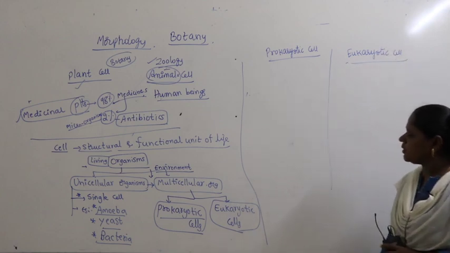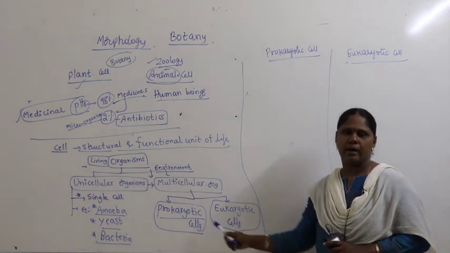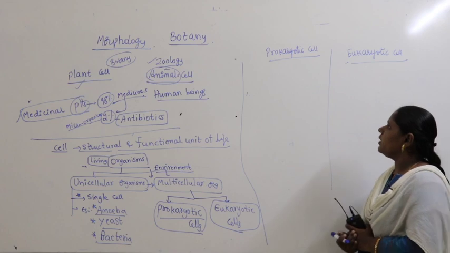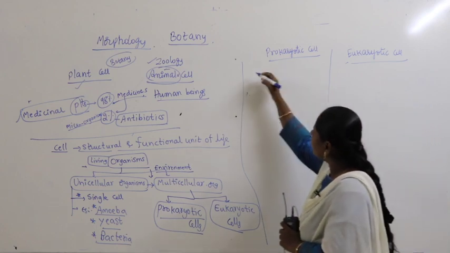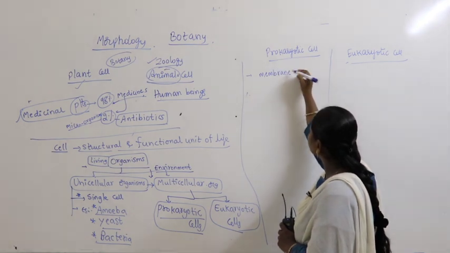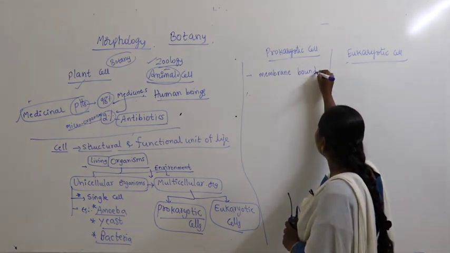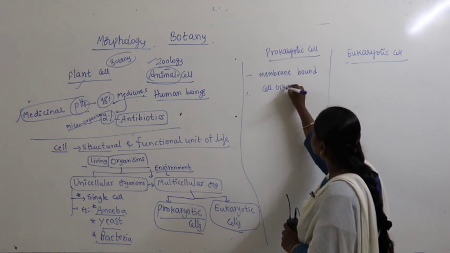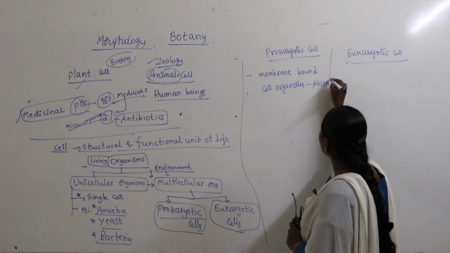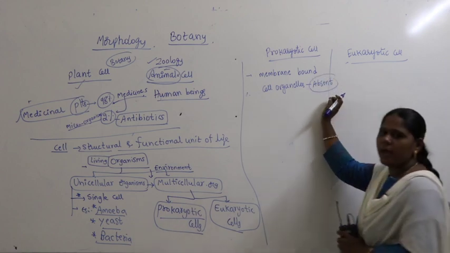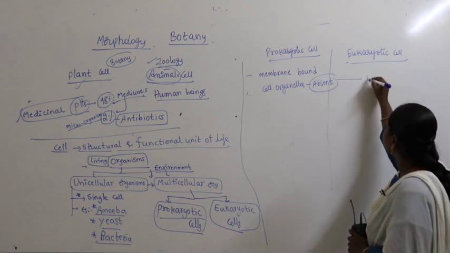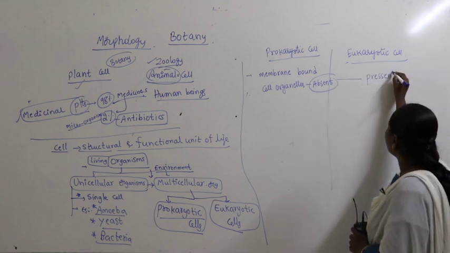We will try to differentiate between the prokaryotic cell and eukaryotic cell. Probably in your lower classes you studied very clearly. Now if you look at the cell, we know that membrane bound cell organelles are absent in case of prokaryotes, and these membrane bound cell organelles are present in case of eukaryotic cell.